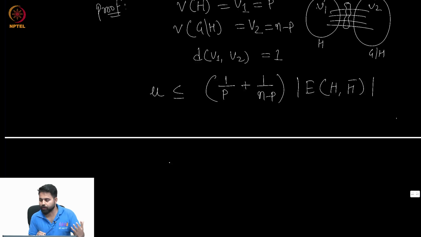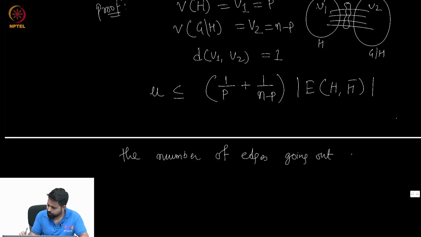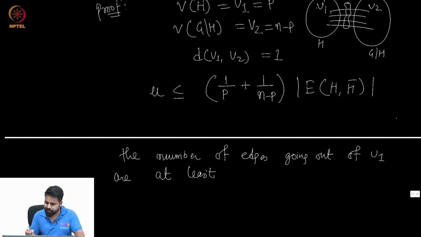So the number of edges going out of V1 is at least this much.